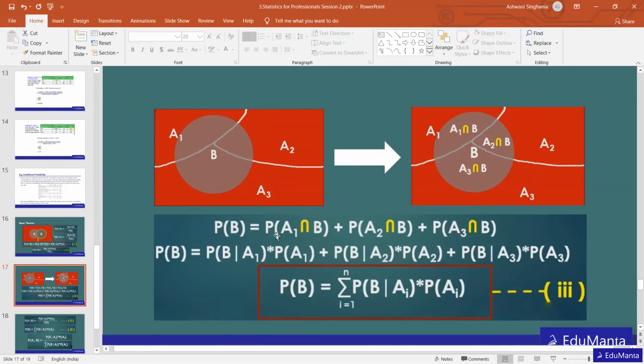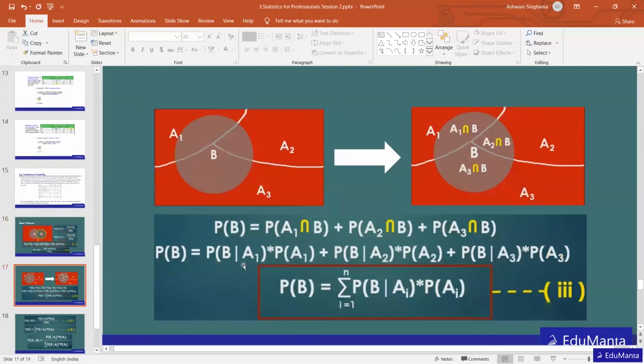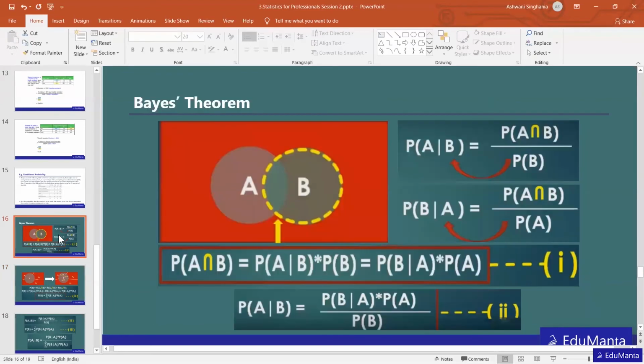We already know the formula for A intersection B from the last slide. So putting this over here, probability of B will be this for this part, and for this part we put this, and in the same way it goes on adding.